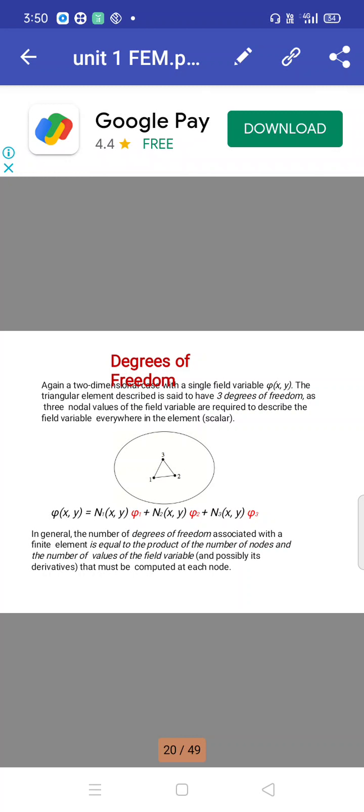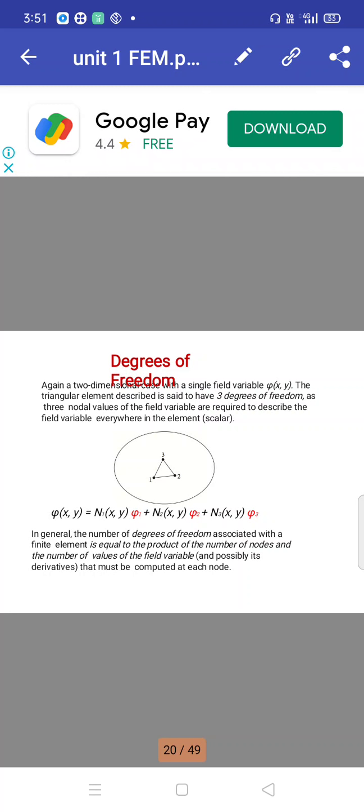Then degrees of freedom. In the two-dimensional case with field variable phi(x,y), the triangular element described is said to have 3 degrees of freedom, as 3 nodal values of the field variable are required to describe the field variable everywhere in the element, that is scalar.